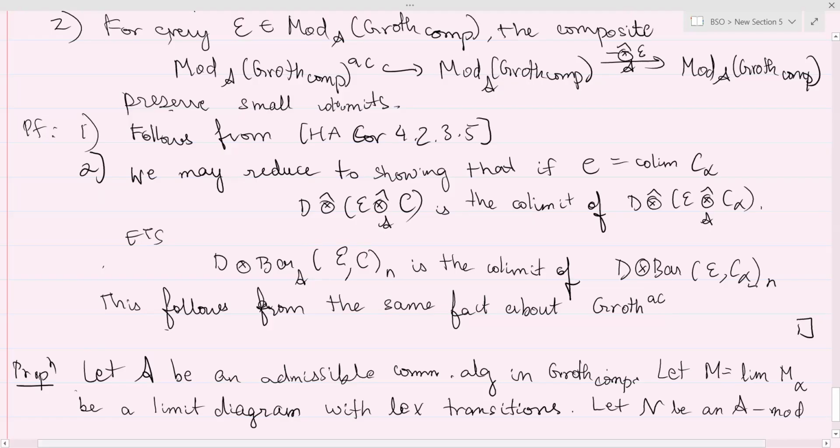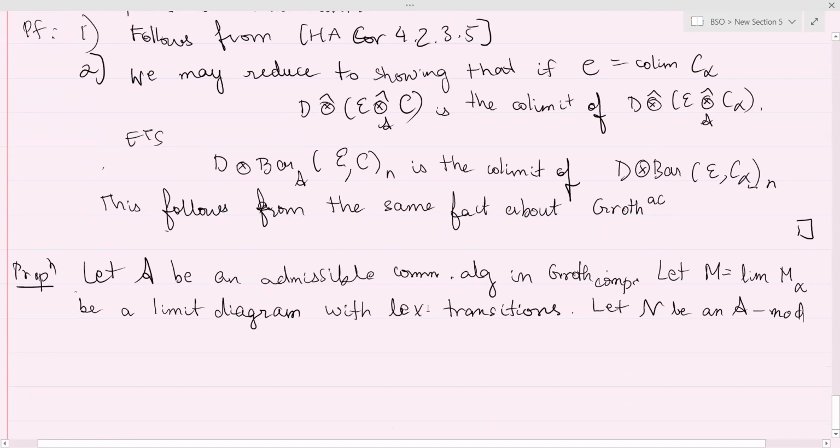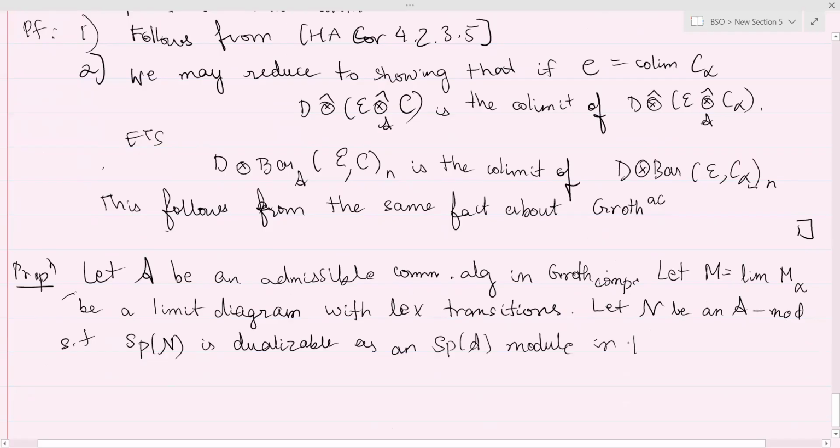But unlike the previous case where the colimits just commute, we have an additional assumption, such that the spectrum objects of N are dualizable as an SP module in stable presentable categories.